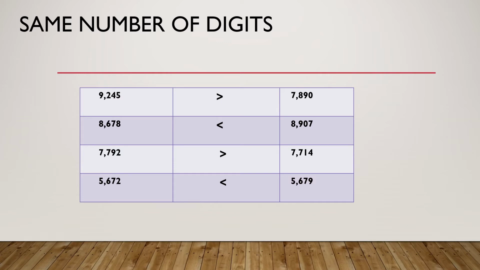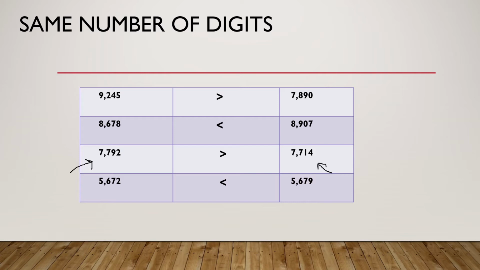Now let us compare 7792 with 7714. Now students, if you look closely, you will see that in both these numbers, the digits in the thousands place and the hundreds place are same. That is 77 over here and 77 over here as well. So clearly their place value will be same.